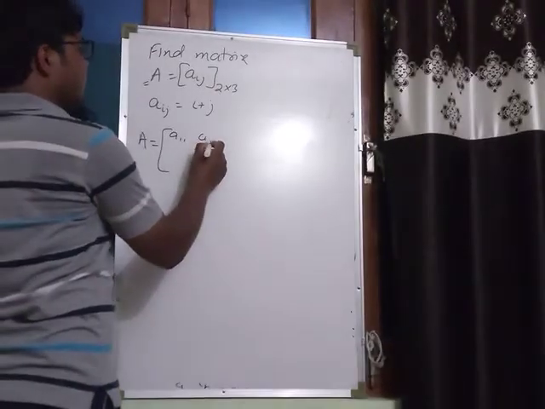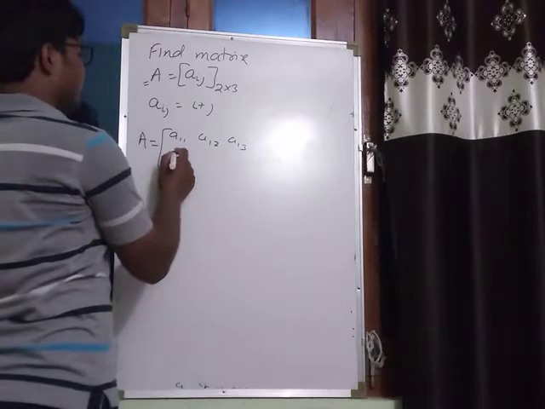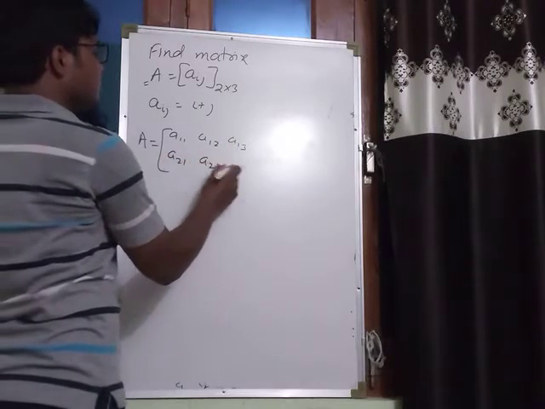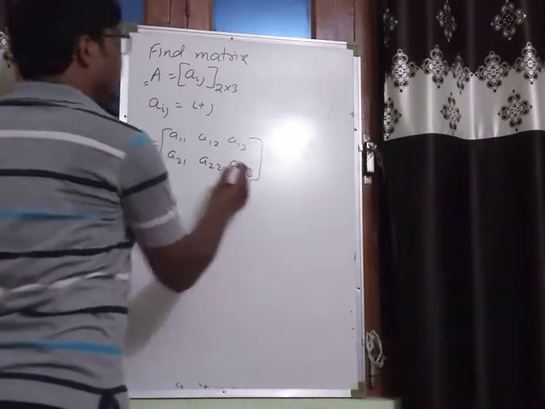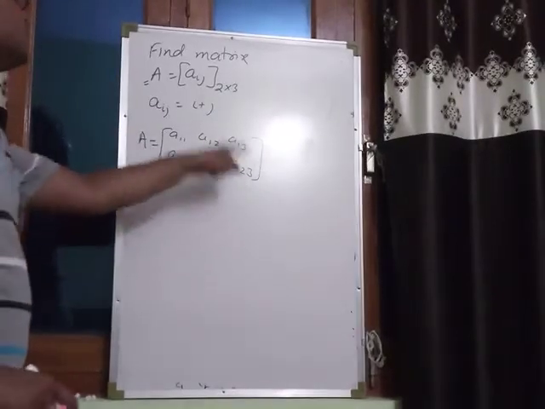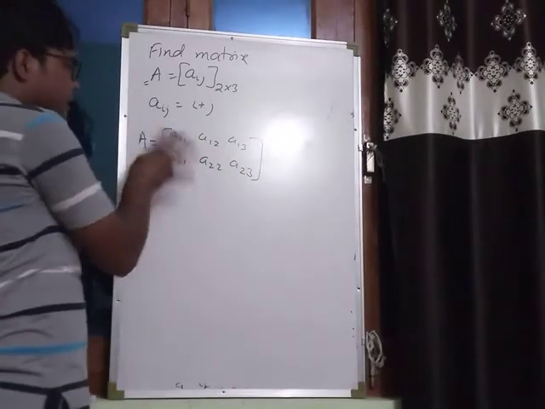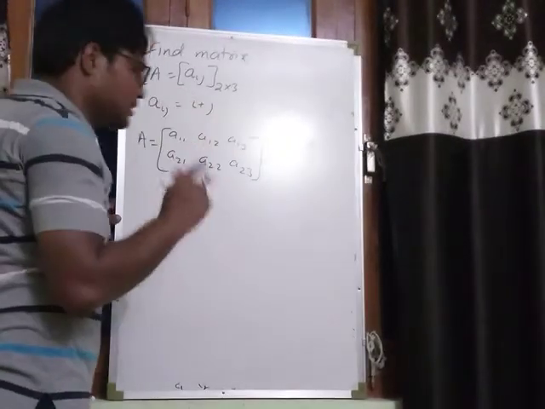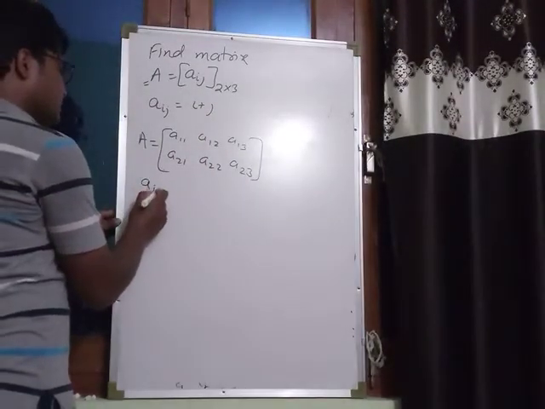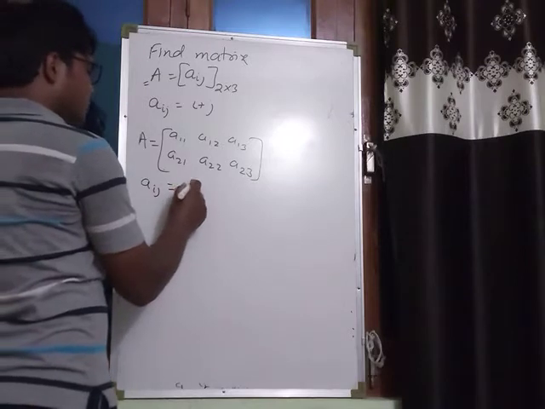A11, A12, A13, A21, A22, A23. यही होगा. Okay? So हमें ये मैट्रिक्स चाहिए, तो हमें ये सारी एंट्रीज चाहिए. Aij is defined as i plus j.